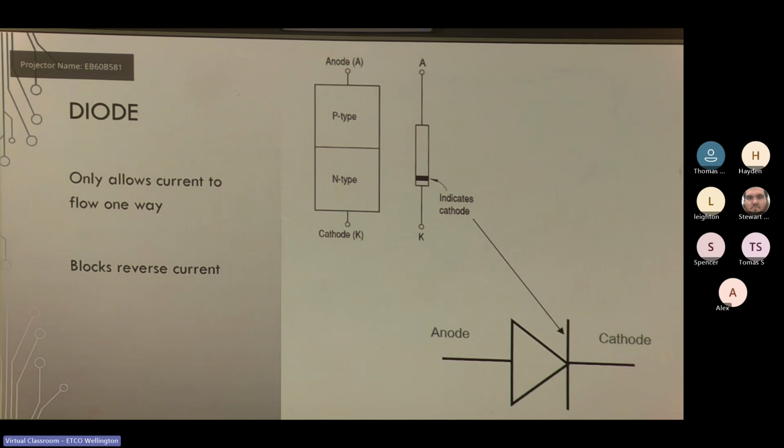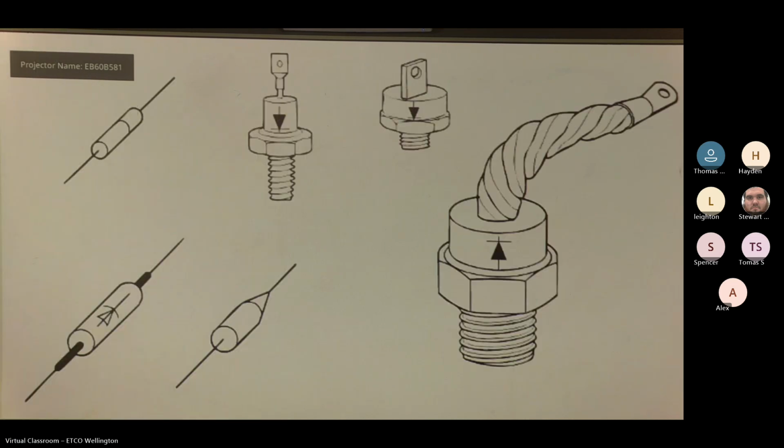Any other type of uses? Cool. So here's some examples of diode packaging.